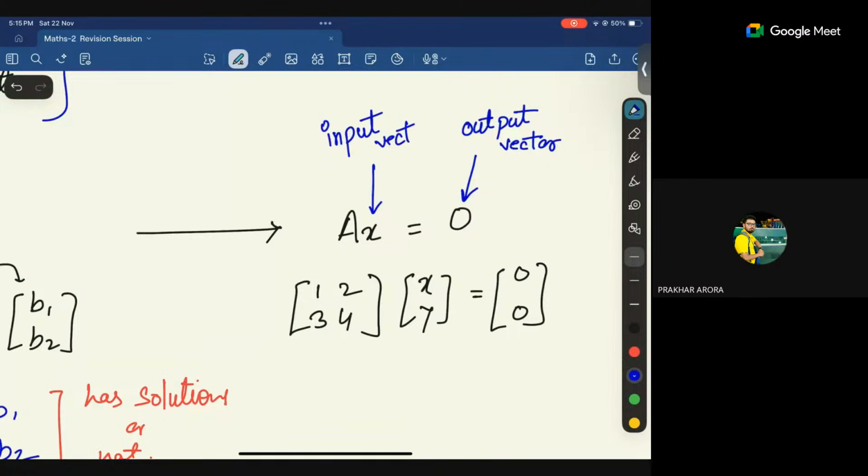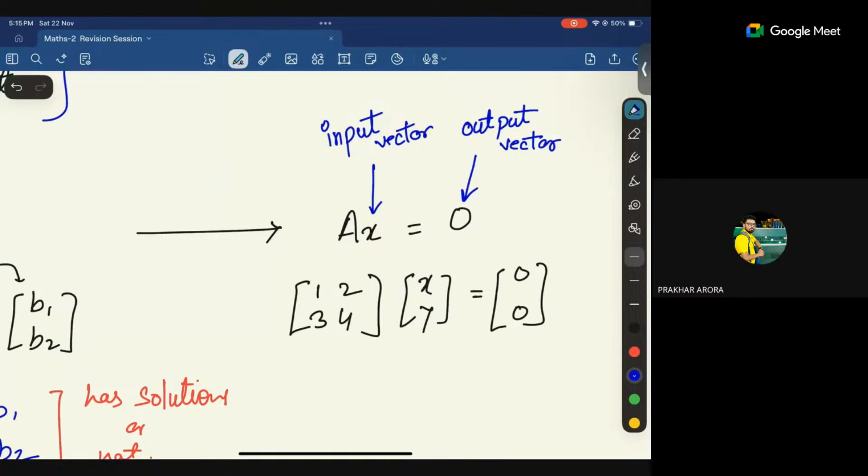These are not the terminologies we began week 2 with, but this is what we want to proceed with. Later we are going to have the topic of linear transformation, and there all these things of input vector and output vector will start making much more sense. So now we have x as the input vector and 0 as the output vector.